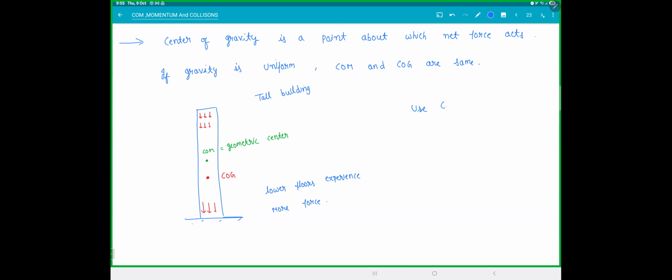So use center of gravity when small g, the acceleration due to gravity, changes. The formula for this is: the position vector of center of gravity is integral R dF by integral dF. We will study this in gravitation. For now, just have an idea.